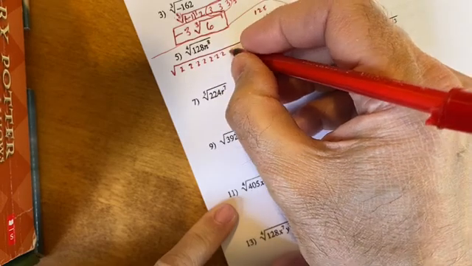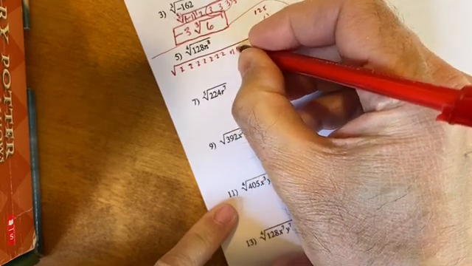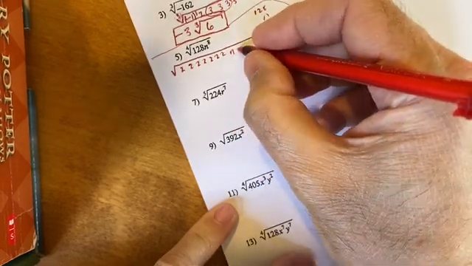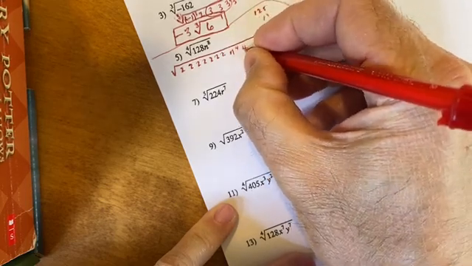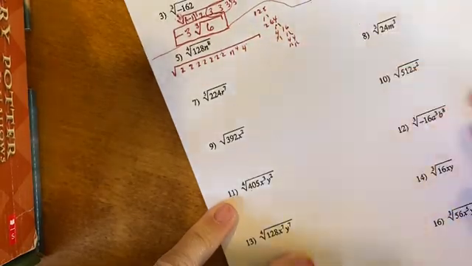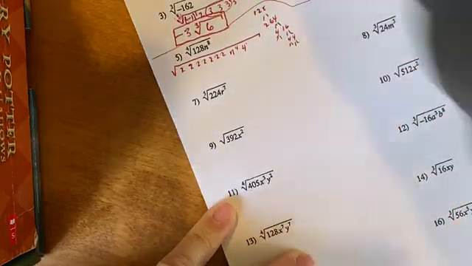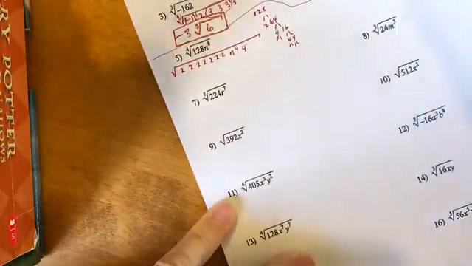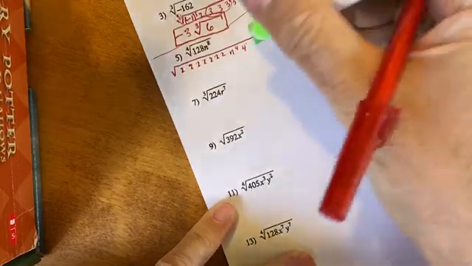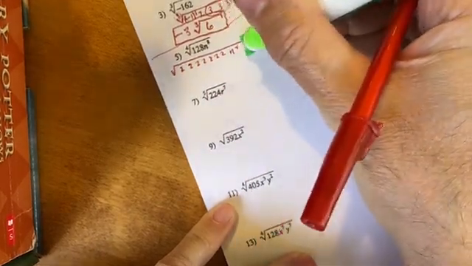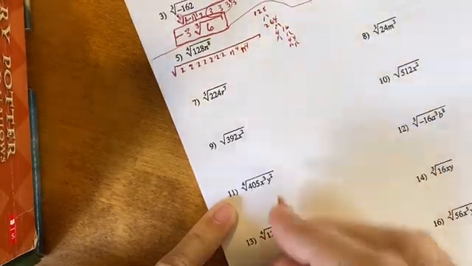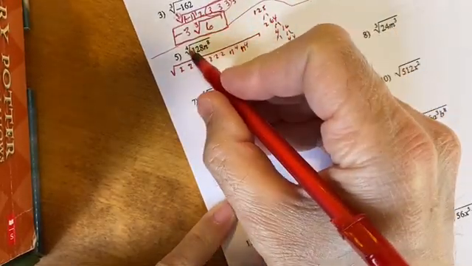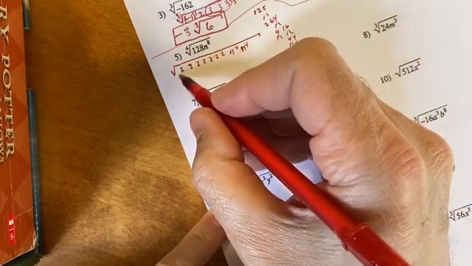You can divide these n's into groups of 4. Oops, it's not n to the 4th, it's n to the 8th. Okay. Since it's the 4th root, for every 4, 1 comes out.